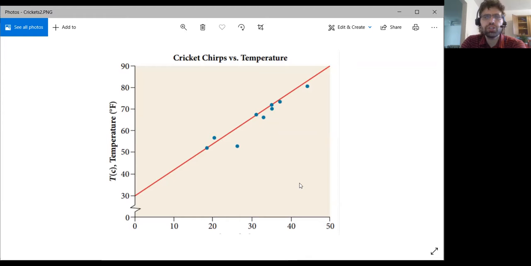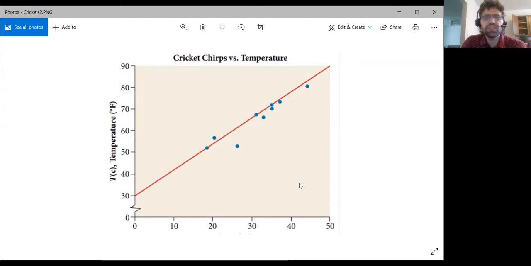And this is usually the best we can do in real world situations. We won't have perfectly linear data, so there won't be any line that literally passes through all of the points, but we'll have fairly linear data. So there's a line that comes close to passing through all of the points.